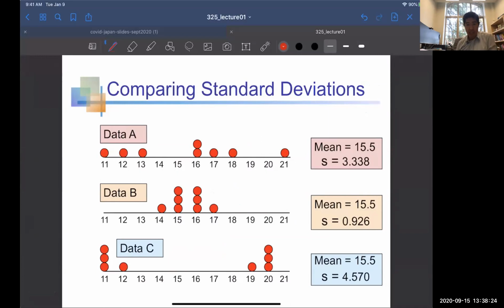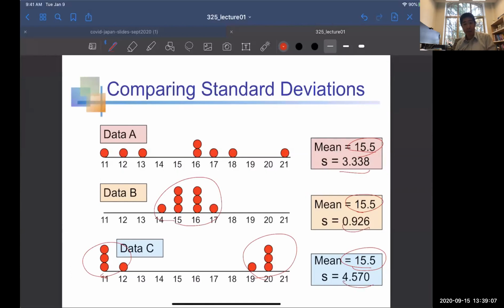Suppose you have three data sets, data A, data B, data C. This example is constructed so that the mean is identical. If you look at just the data, the so-called empirical distribution or frequency distribution, you see immediately that data B has less spread, and data C has more spread. If you compute the standard deviation, you can confirm the exact numbers.